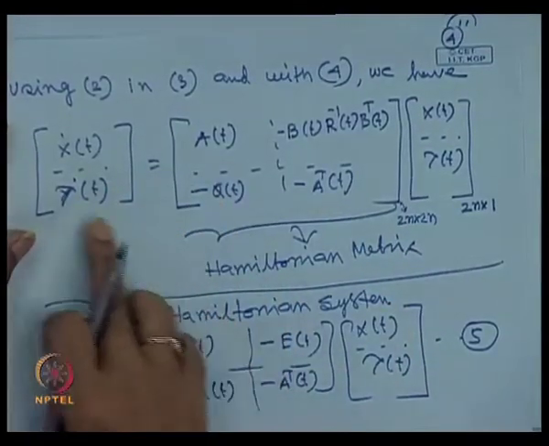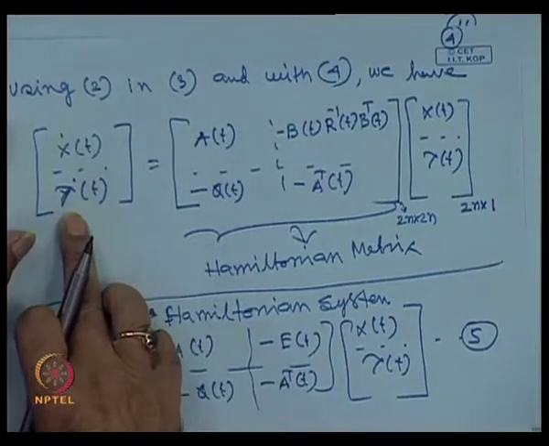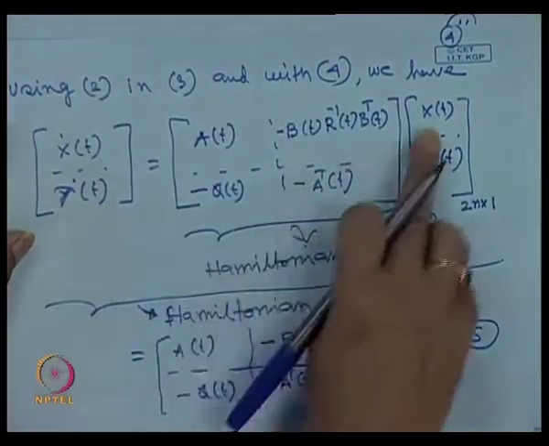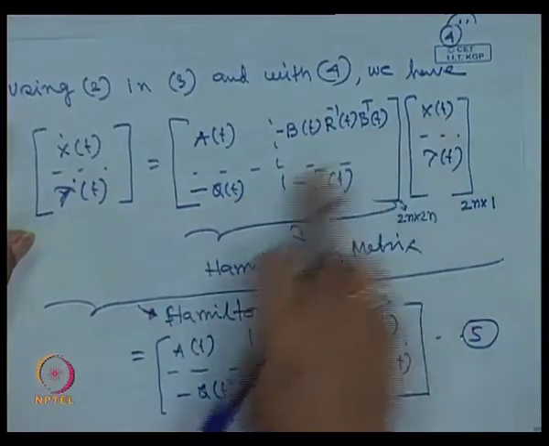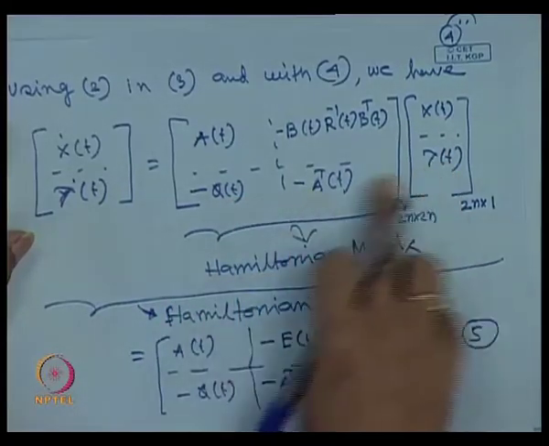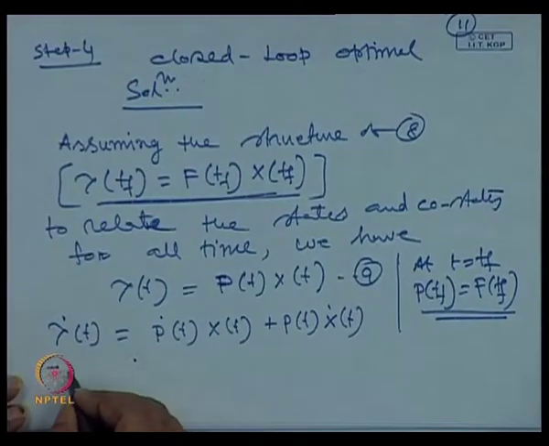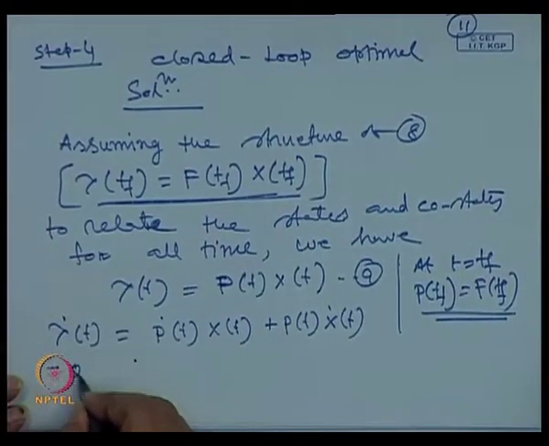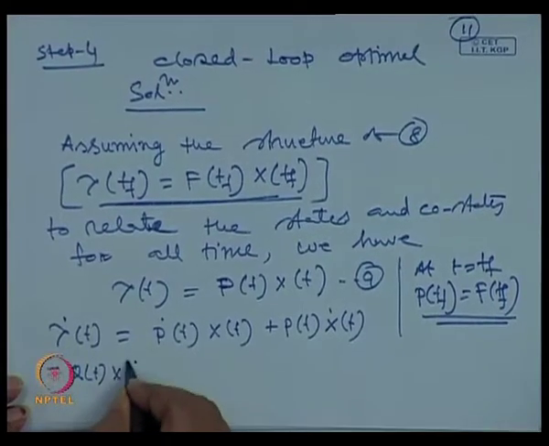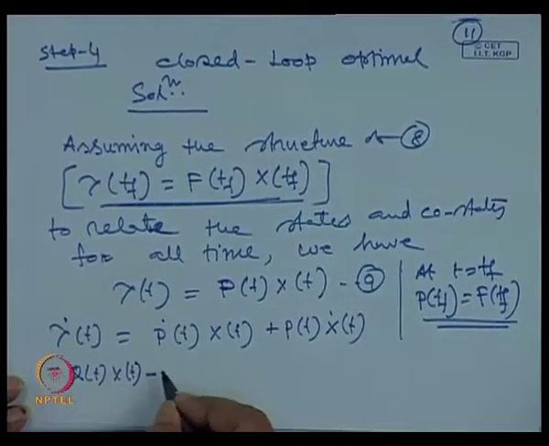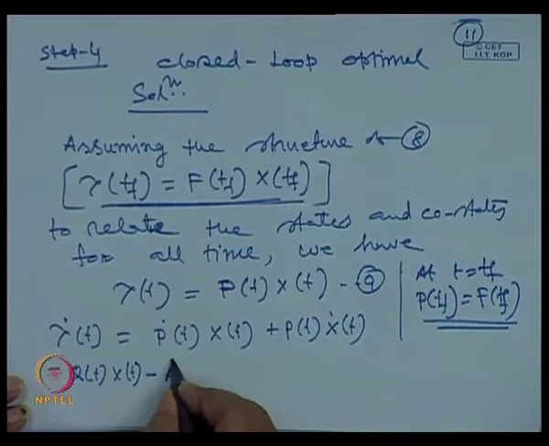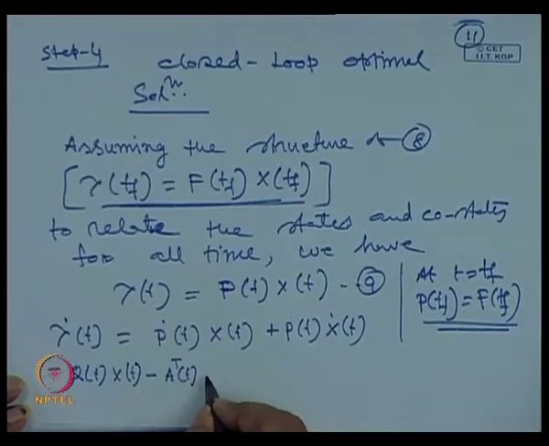From equation 3, lambda dot of t is Q(t) x(t) minus A transpose(t) lambda(t).